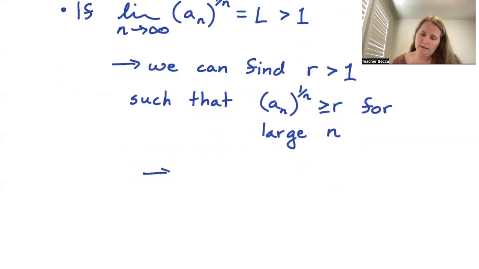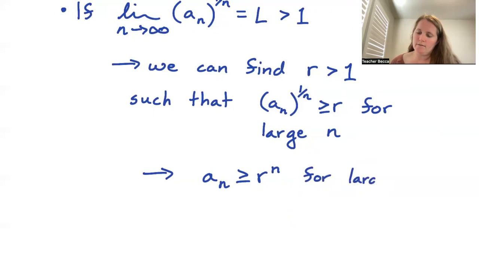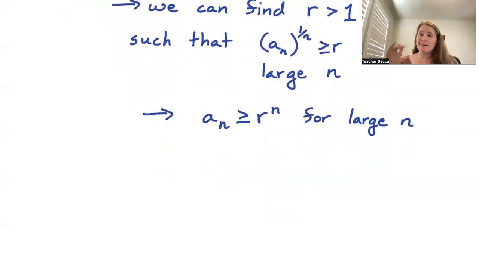And once again, that means that a sub n is greater than or equal to r to the n for large n. So our sequence a sub n is above a geometric sequence.